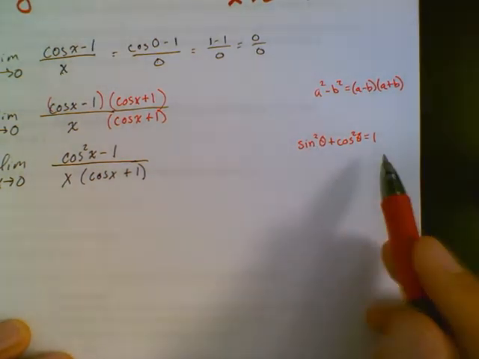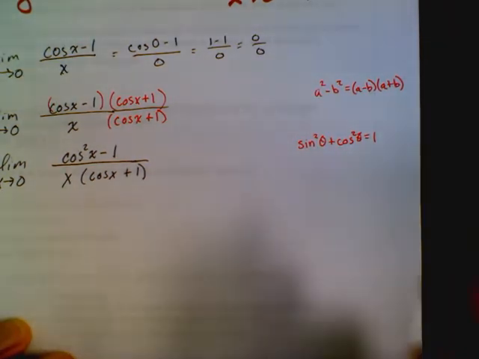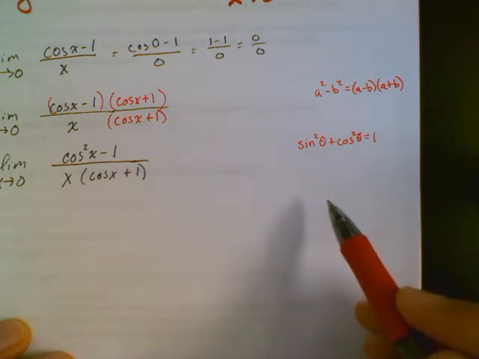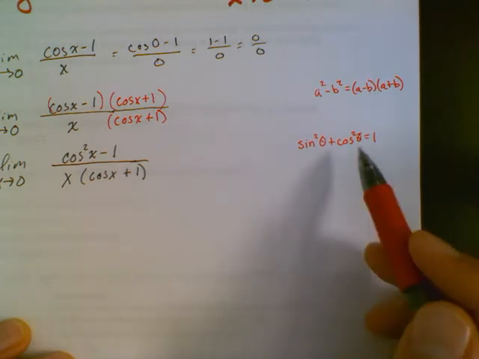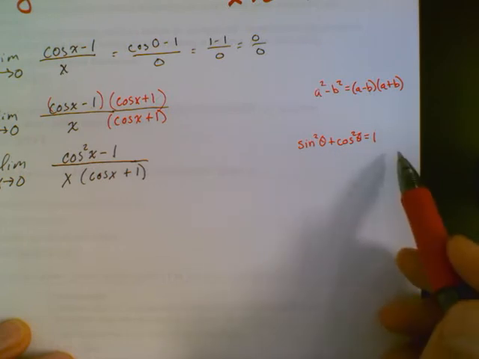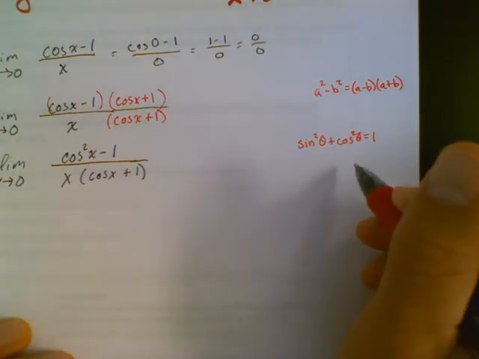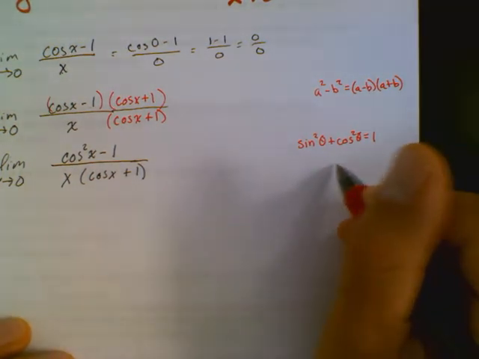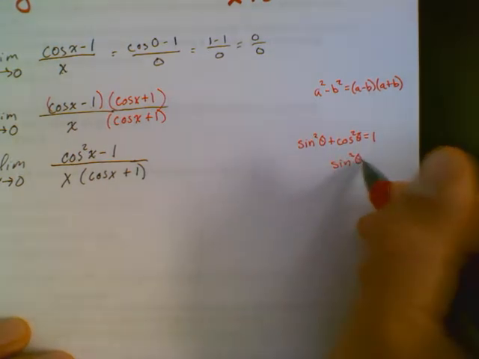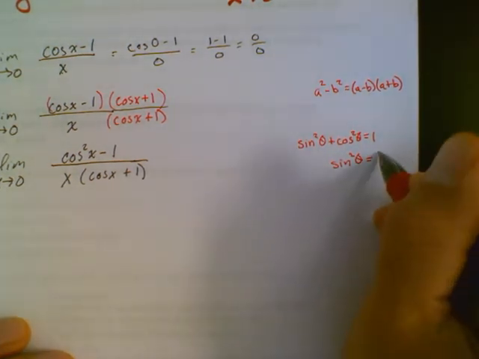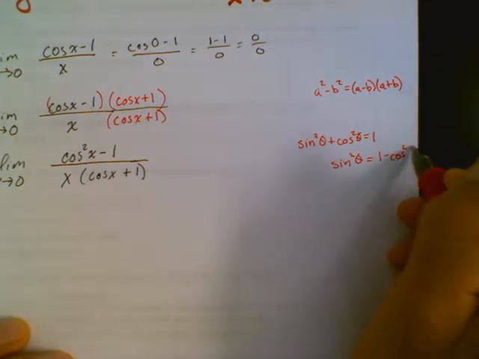So sine squared theta equals 1 minus cosine squared theta.